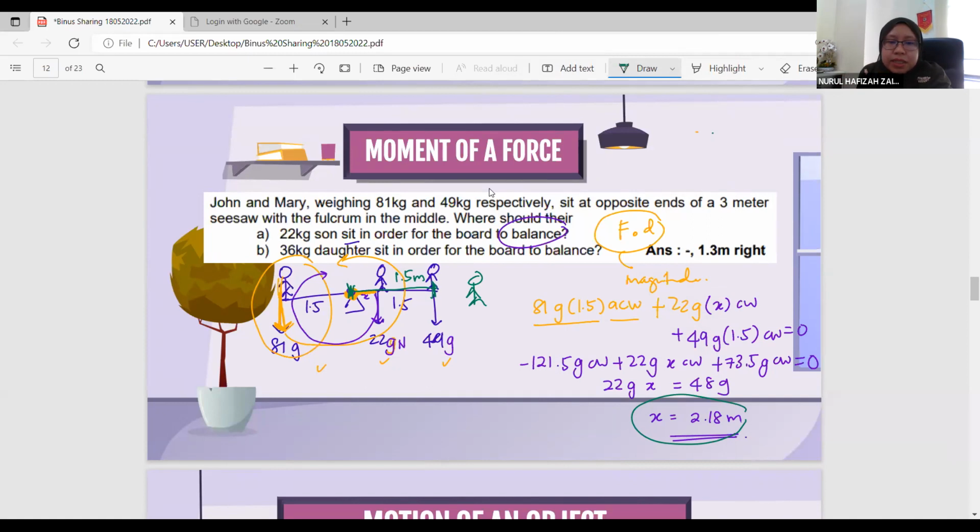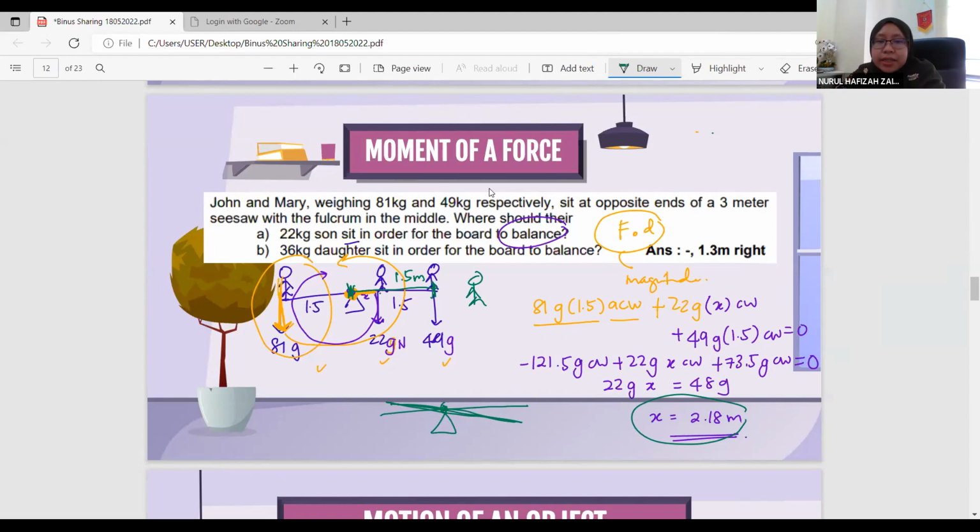If let's say the boy sits here, if this is the seesaw, because this is clockwise, it will be like this. It will not balance. Okay, it will not be balanced. Okay, you can try number 2. 36 kilogram daughter sit in order for the board to balance.